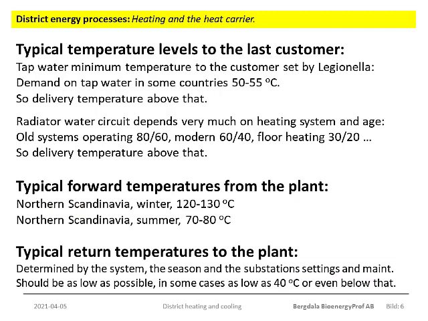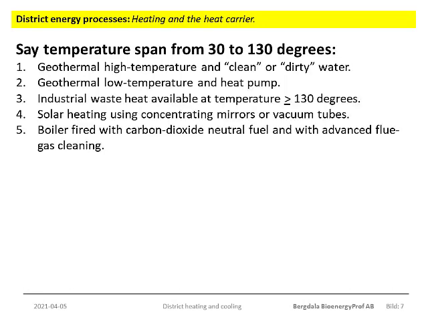So just as a general indication of the temperature levels, this is about what we are talking about. Let's say that what you want to do in the production plant is basically to heat up the return water from, say, 30 degrees and then pump it out again at, let's say, 130 degrees.